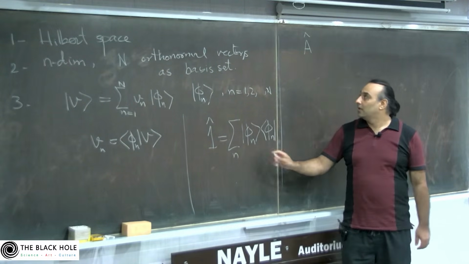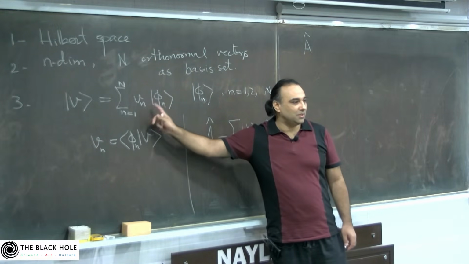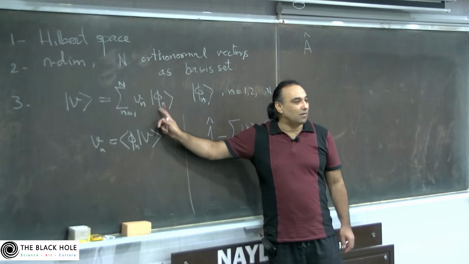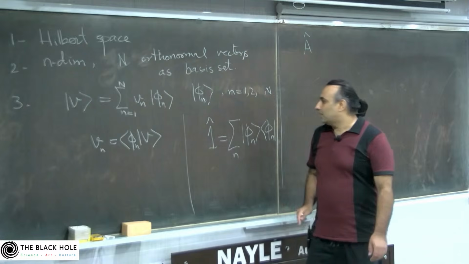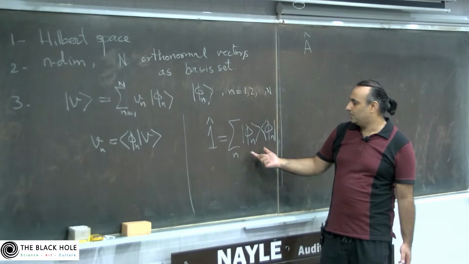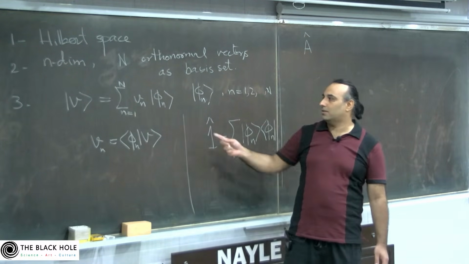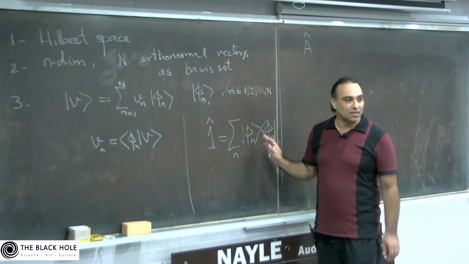Like this. Now this linear combination of these bases can be formed using this identity by just projecting this V onto this.